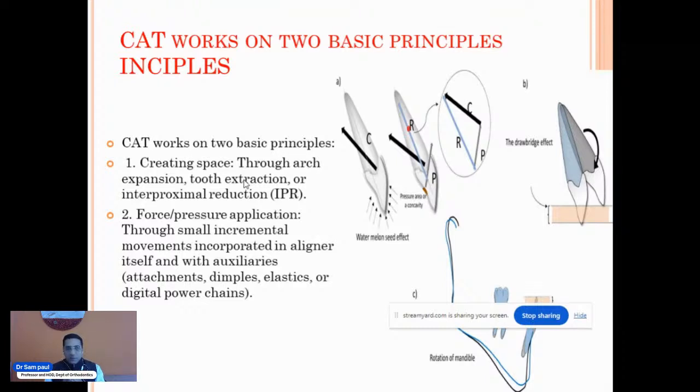To create space, you need to do either expansion, tooth extraction, or proximal reduction. In your undergraduate level, you might have heard about methods of gaining space. In that, the three major things are expansion, extraction, and proximal stripping.